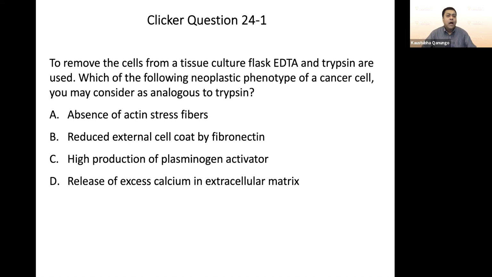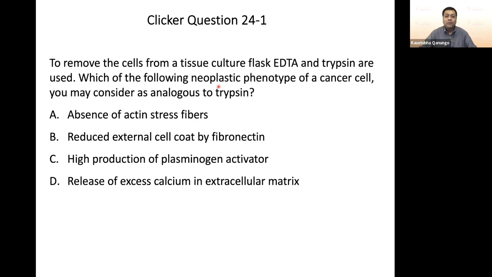All right, so today we have only one clicker question because it is a little bit of food for thought, and we will have more questions in the next two chapters. So we'll have 3 each in the next 2 sessions, but today we have only one question. So right here, to remove the cells from a tissue culture flask, this is from your first chapter, EDTA and trypsin are used.